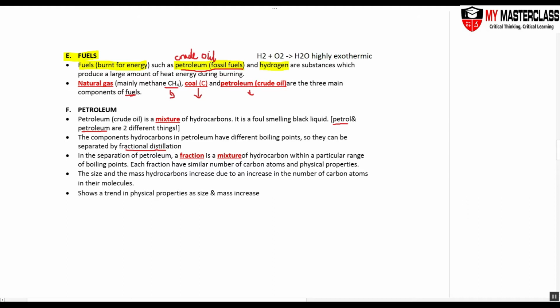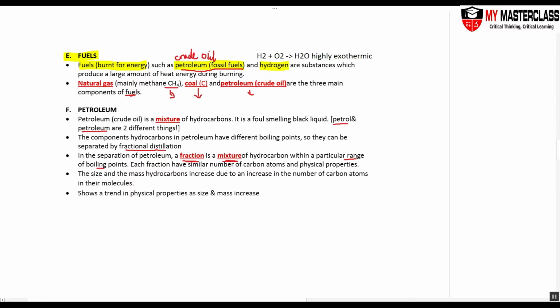When you dig out the petroleum, there are actually different parts. This thick black fluid is made out of different components, which we also call fractions. Each fraction that comes out when you perform fractional distillation is still a mixture of hydrocarbons with a particular range of boiling points.